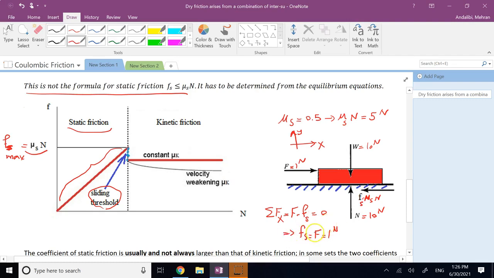So the static force is going to be equal to the forces that are trying to push the object, and it is just big enough to cancel them, and it can keep up with you. So now if you make this 2 Newtons, push a little bit harder, then friction will generate 2 Newton. If you do 3, it goes 3. You go 4, it goes 4. You go 5, it goes 5.